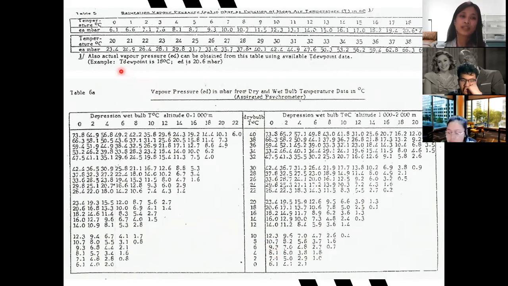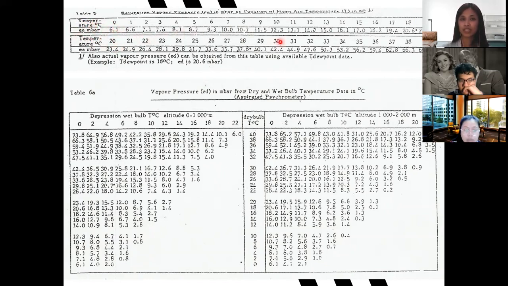So let's see the related table, first, table 5. Here we have saturation vapor pressure, which means here is EA, which is actually ES. And depending on the temperature, we will have different EA or ES.